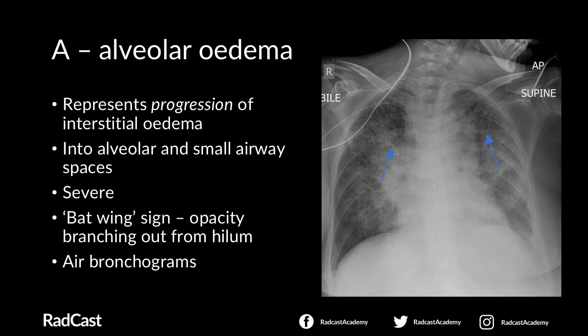Also, I'd like to point out that the arrows on this X-ray are showing air bronchograms. So these are actually lung bronchi that are always there, but we can now visualize them on the chest X-ray because the surrounding edema has provided enough of a contrasting background to see this tube of air passing through. And these are what the arrows are pointing at here.